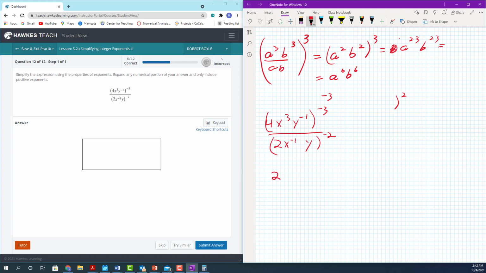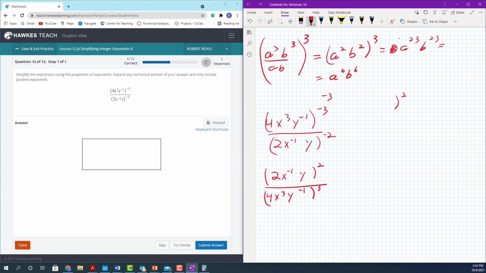That would be (2x to the negative 1 times y) squared. And then here we have this term raised to the negative 3 power in the numerator. So that will be the same thing raised to the 3rd power in the denominator. That would be (4x cubed y to the minus 1), the entire thing cubed.